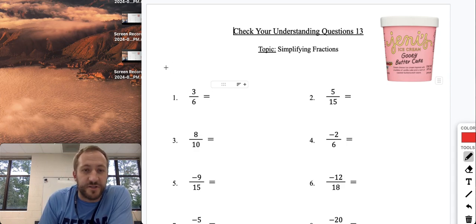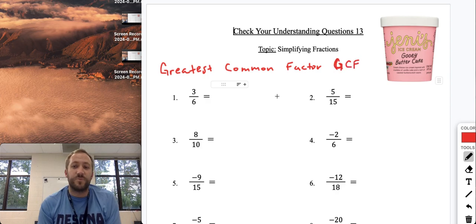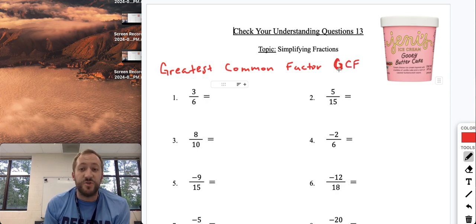Whenever we simplify fractions, we are looking for the greatest common factor, otherwise known as the GCF. So I want to find the GCF of the numerator and the denominator so that I can simplify this.